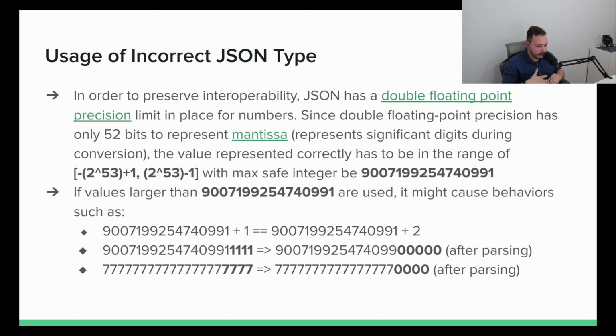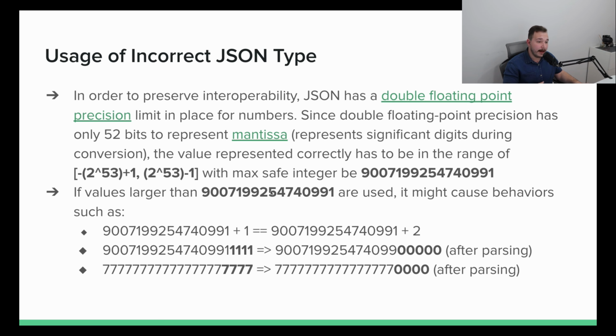And the reason we have all of this is that JSON type has a max safe integer, which falls in the range between -2 to the power of 53 plus 1 and 2 to the power of 53 minus 1. And the max safe integer is this number.